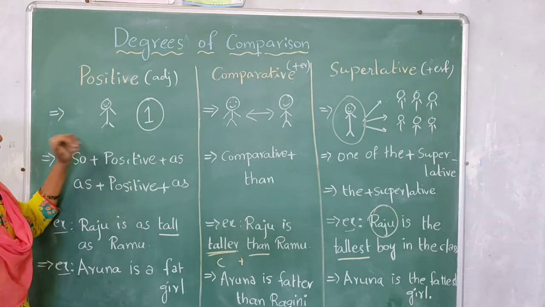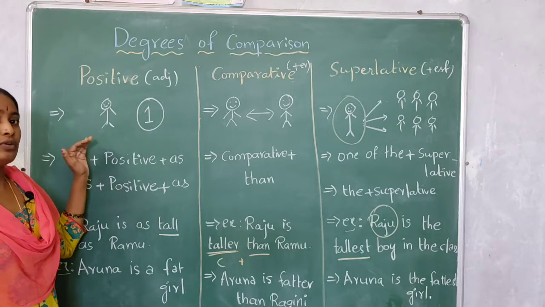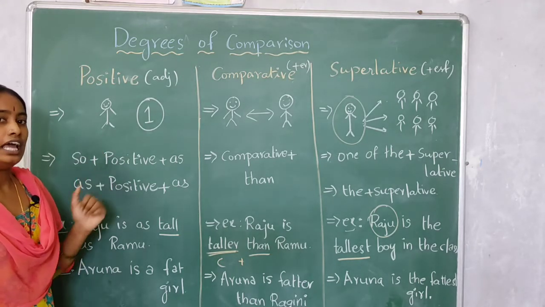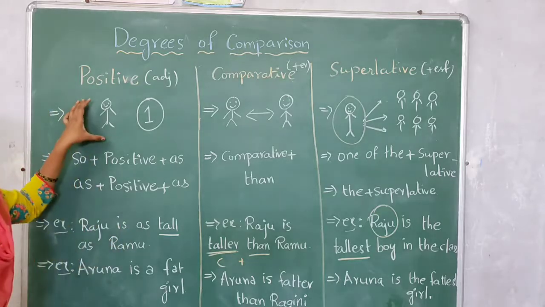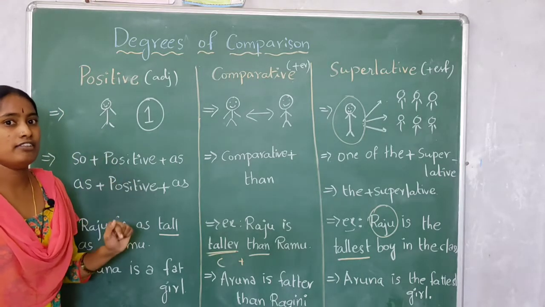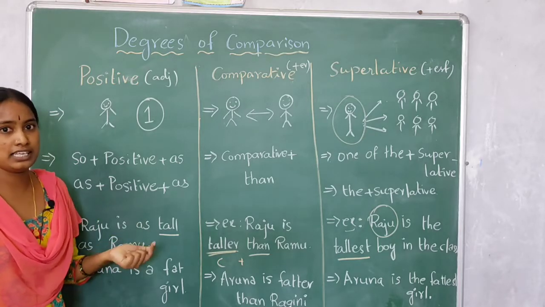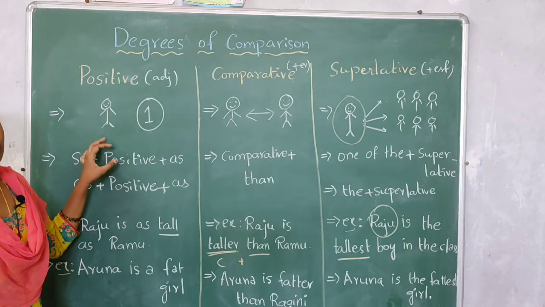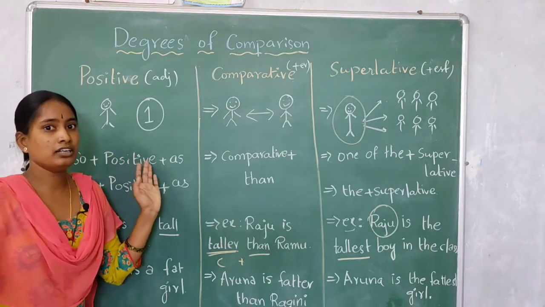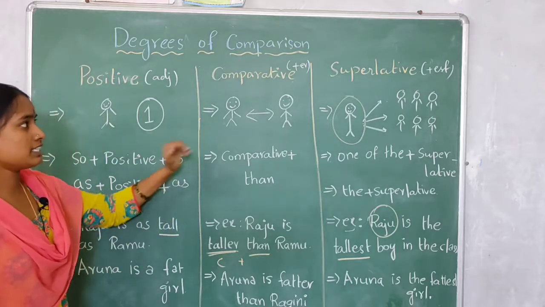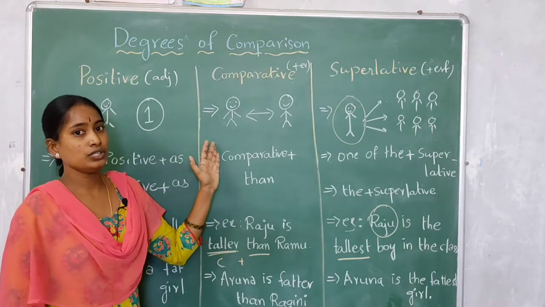So now let's see why this positive degree is used, and how to use this positive degree in a sentence. We use this positive degree to describe only one person or thing, place, anything. And also we use this positive degree to compare with one more person. And next, comparative degree. How to use this?